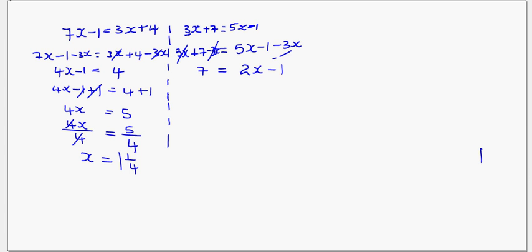So what is going to happen now is that if we look at where the x term is, we observe that we want to deal with what is furthest away from it. So we're going to deal with the minus 1 first. We're going to deal with this guy here. And how do we deal with him? It means we have to get rid of him. So we're going to end up with 7 is equal to 2x minus 1 plus 1 to get rid of that.